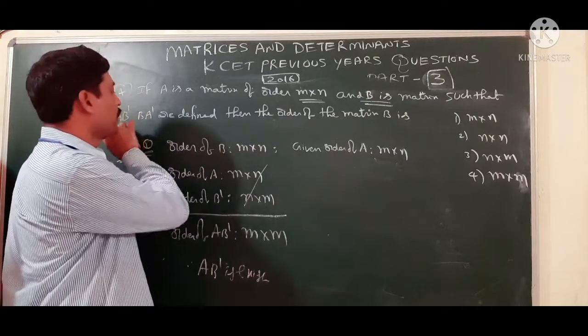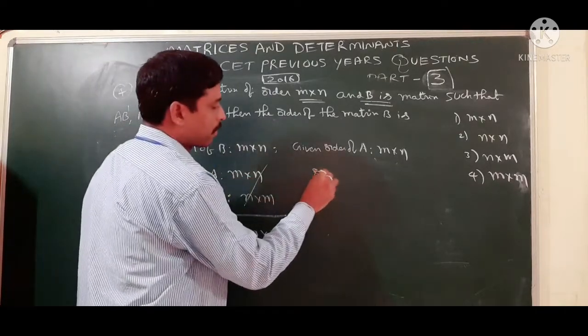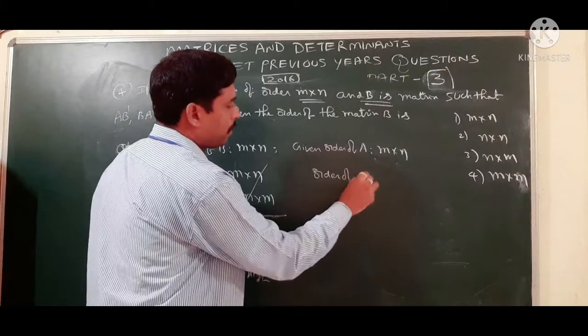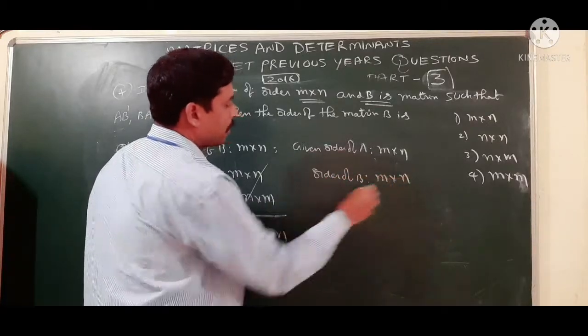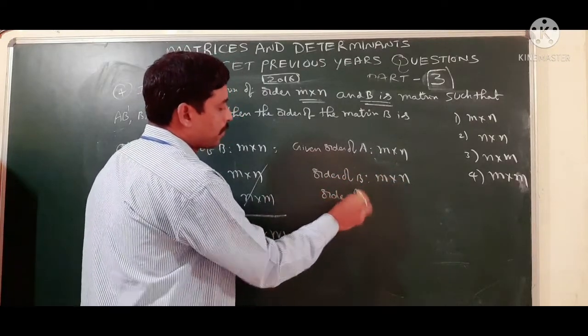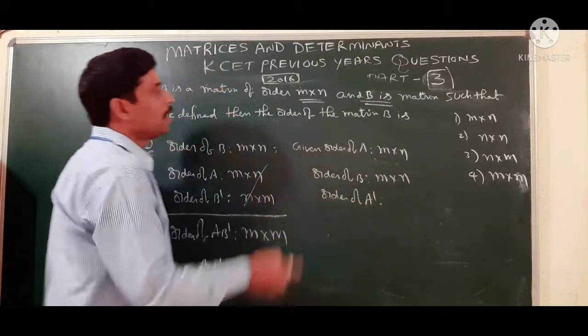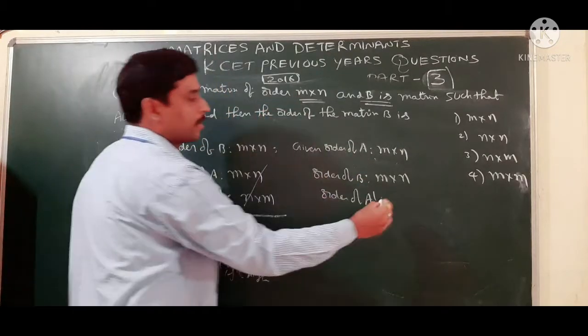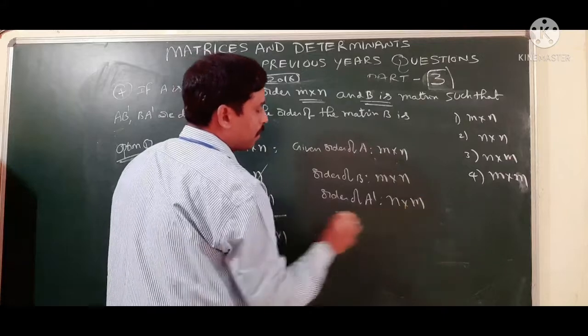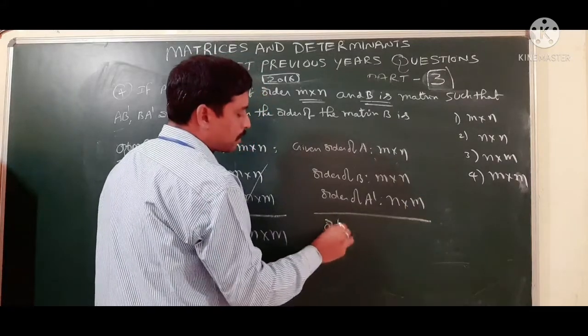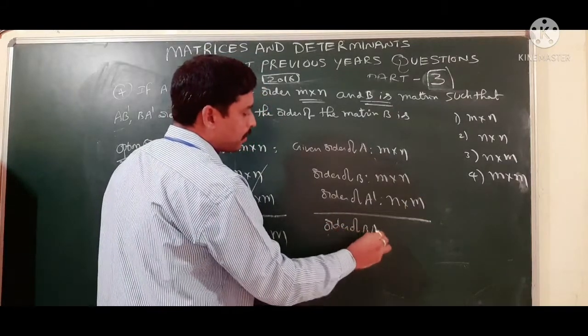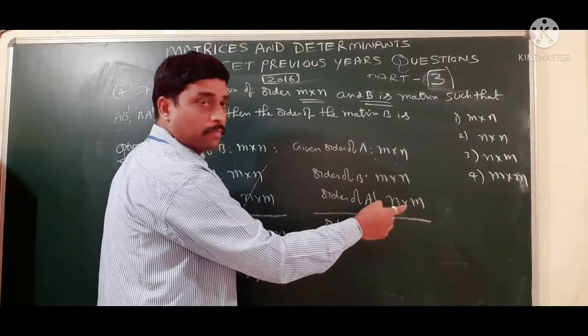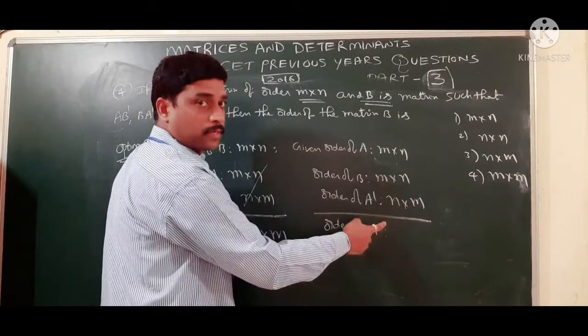Similarly, we have to find BA'. The order of B is equal to m by n. The order of A is given as m by n, so the order of A' is n by m. For the product of these two matrices, the number of columns in the first matrix must equal the number of rows in the second matrix.